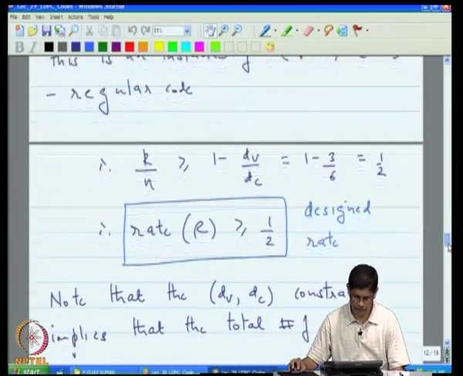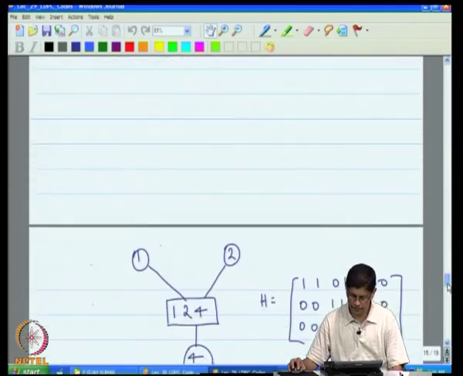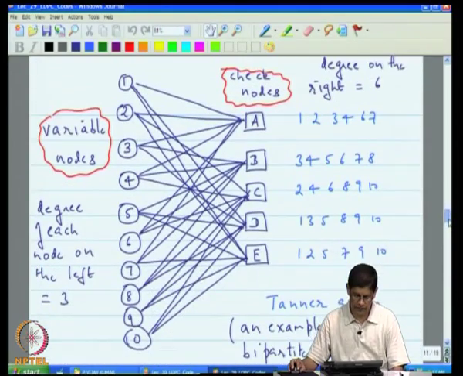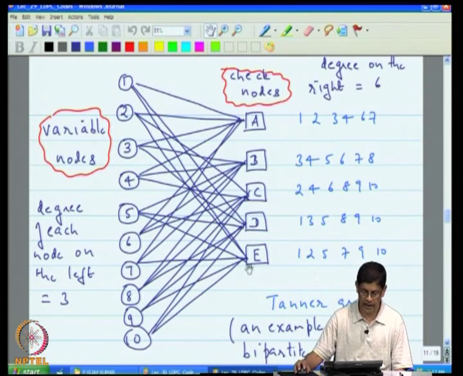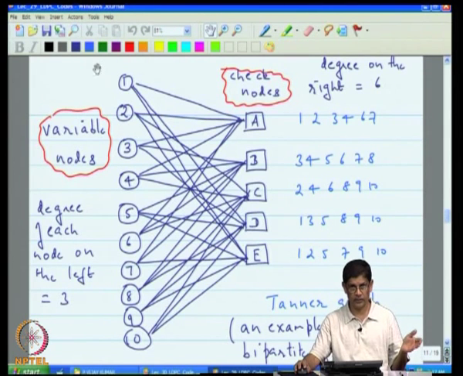Then I pointed out that decoding of these codes is carried out using a sequence of message passing, and that is very similar to the way in which we pass messages across in the junction tree.